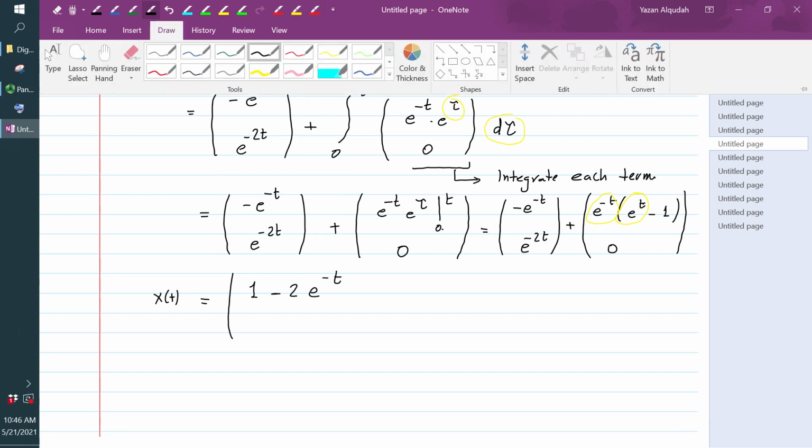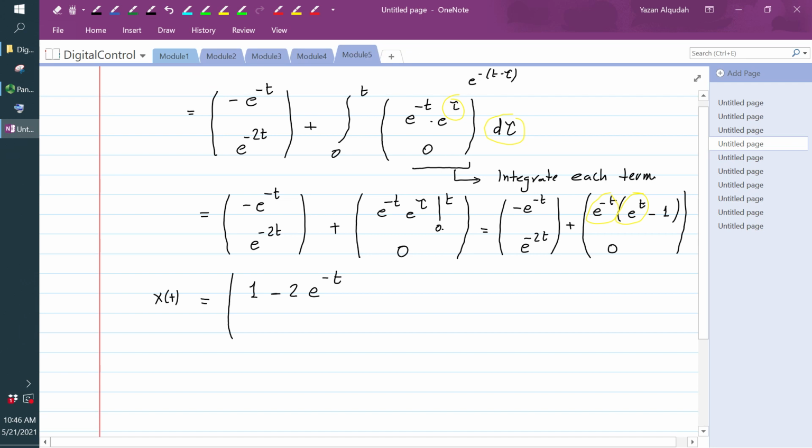So I have this term and I have the result of the multiplication of e to negative t with -1. Two of them, they're going to add up to -2 e to -t. And then I have e to -2t, I'm adding to it a 0, and that is going to give me e to -2 multiplied by t.